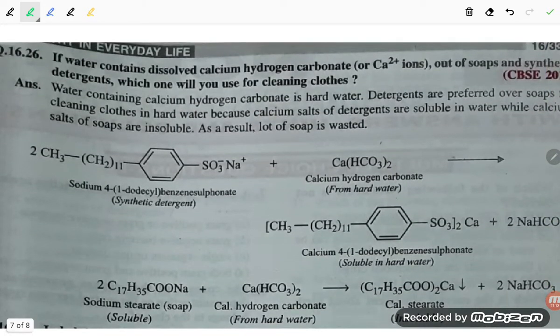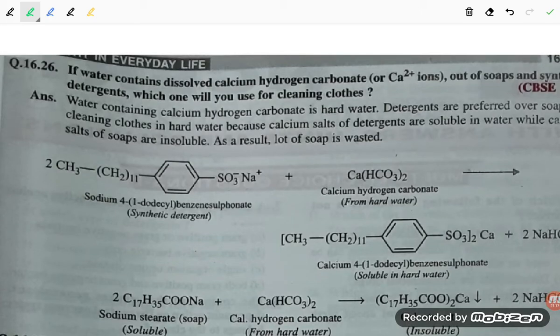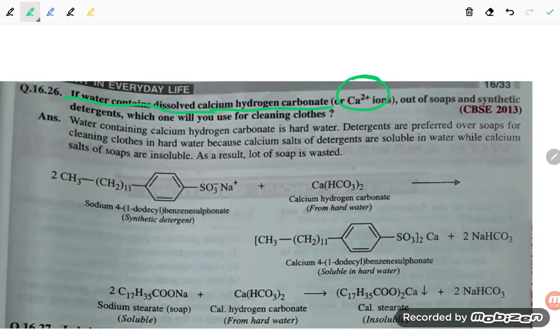Okay, next one, student. Question number 26 is the last question. If water contains dissolved calcium hydrogen carbonate, Ca2+ ion, out of soap and synthetic detergent, which one will you use for cleansing clothes? Because of the Ca2+ ion, the water will be hard water.